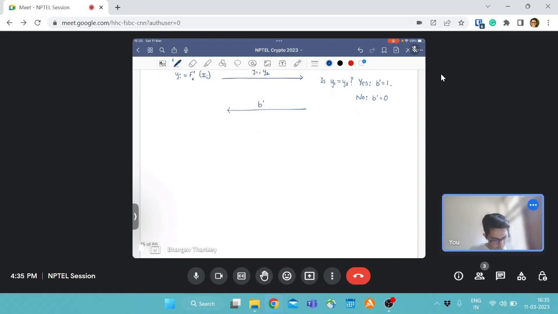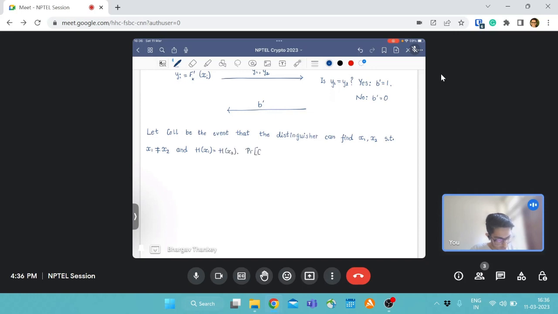Let collision be the event that the distinguisher can find x1, x2 such that x1 is not equal to x2 and h of x1 is equal to h of x2.